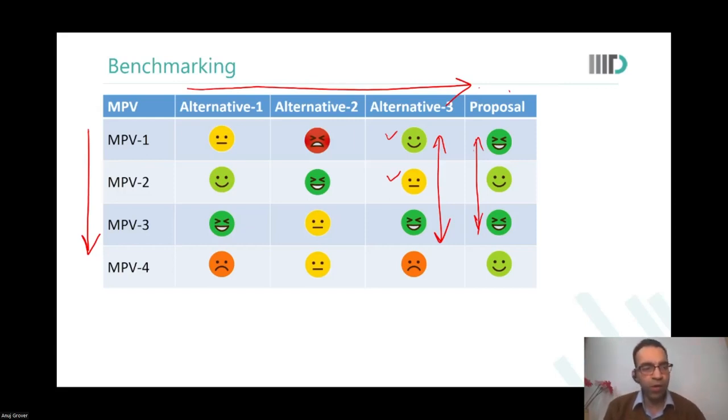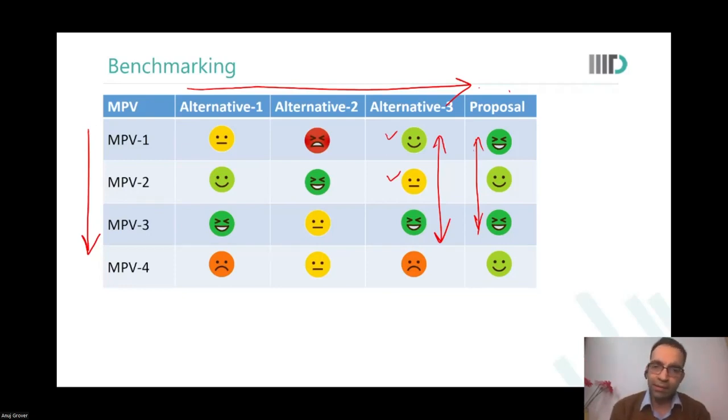You are designing product A, there is another team in your same group that is designing product B, and they are solving the same problem in some particular way. So you list down, okay, these are the three alternatives that exist. Or you could study patents, you could study academic papers, and say that, okay, these are the different alternatives I found, and in terms of these MPVs, this is how they fare.